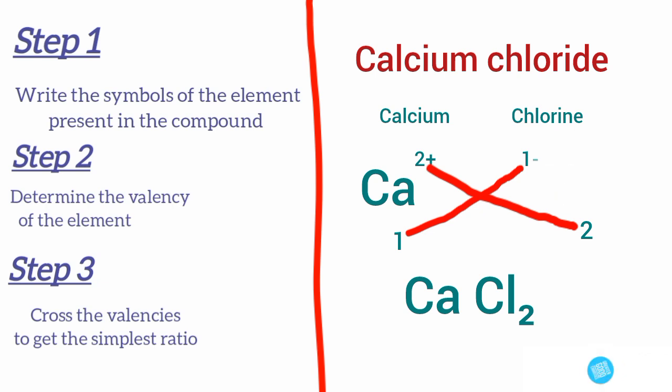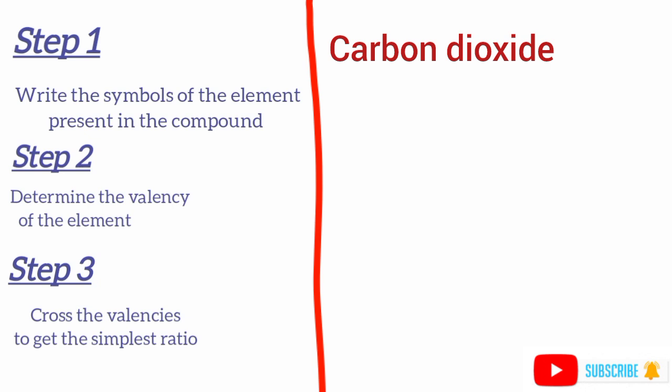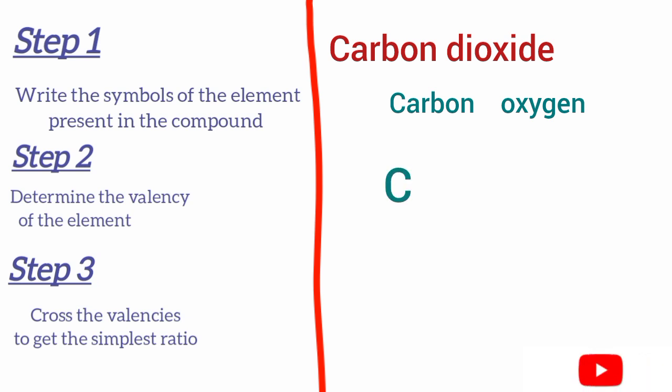Now, let's look at this. How do you write the chemical formula for carbon dioxide? In carbon dioxide, there are two elements which are carbon and oxygen. The chemical symbol for carbon is C. The chemical symbol for oxygen is O. Next, we determine the valencies of the elements.